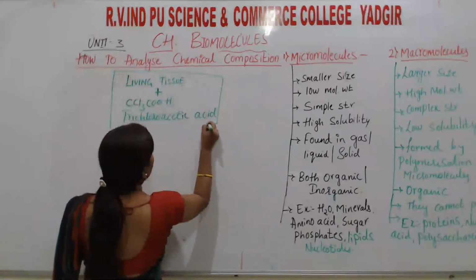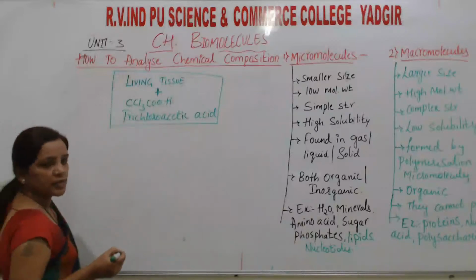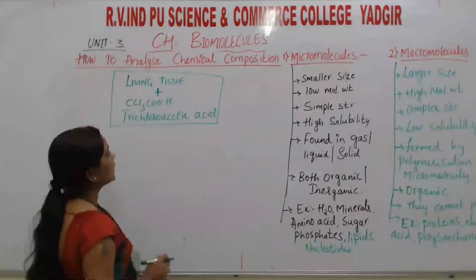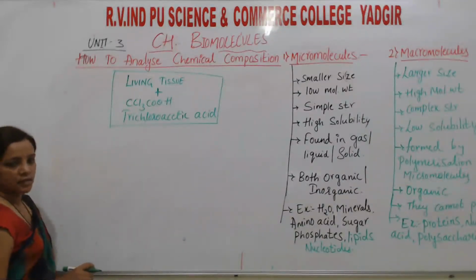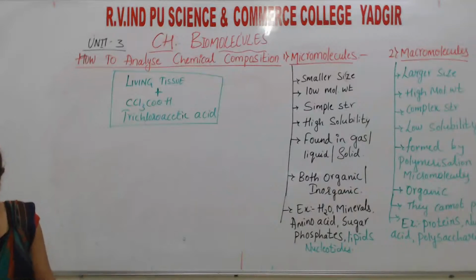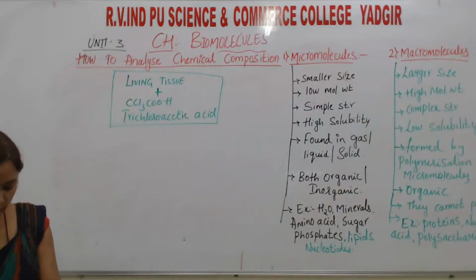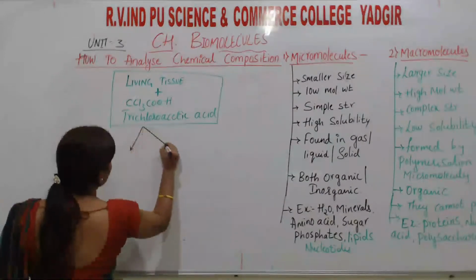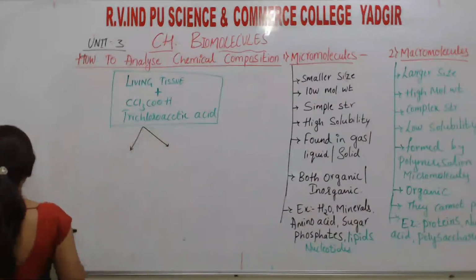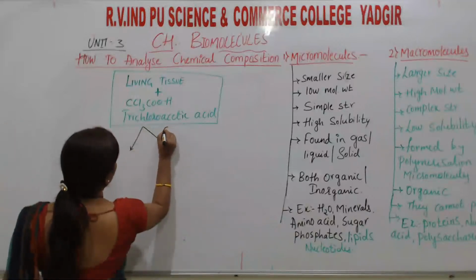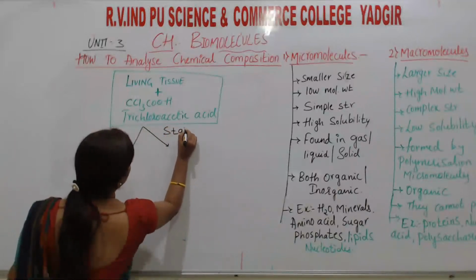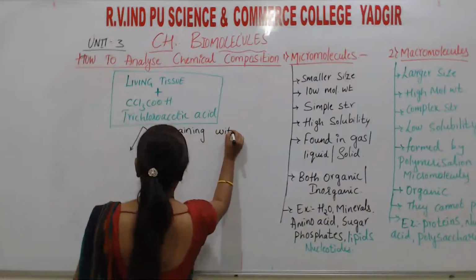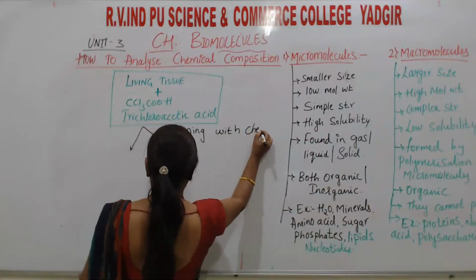First, what we are doing to analyze what chemicals are present in living tissue: living tissue is treated with trichloroacetic acid. Now, after treating it with this, we are getting fragments, that is, straining with cheesecloth.